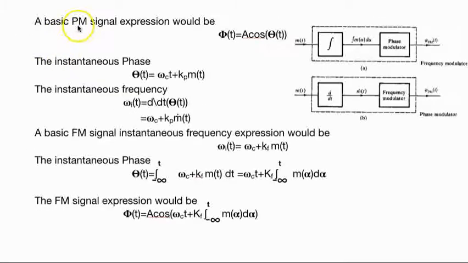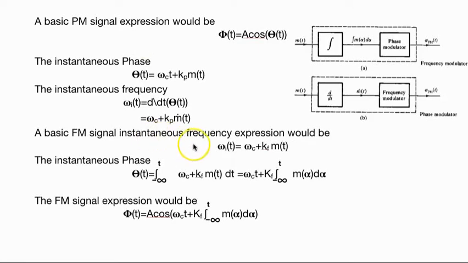A basic PM signal expression would be phi(t) equals A cos theta(t). The instantaneous phase in this relation would be omega_c t plus k_p m(t), and the instantaneous frequency can be calculated by differentiating the phase.